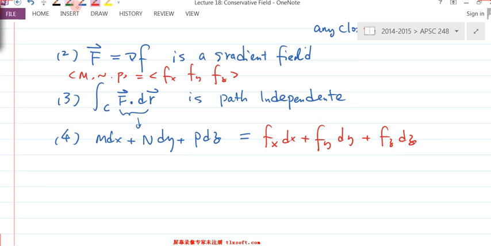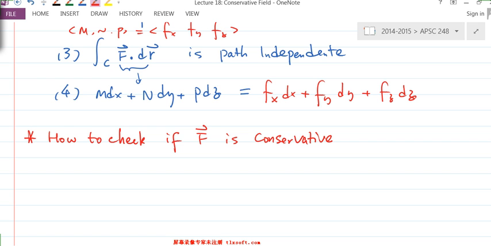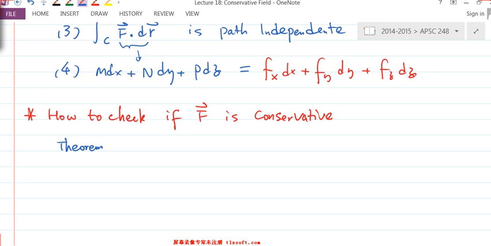So now let's solve two questions here. The first question is, how do I know that this vector field f is a conservative field? Given a vector field f, how do we check if it is conservative? Here's another theorem that we can make use of.